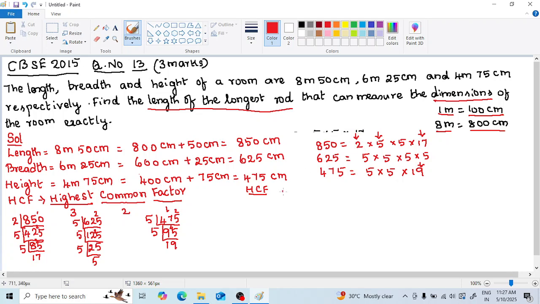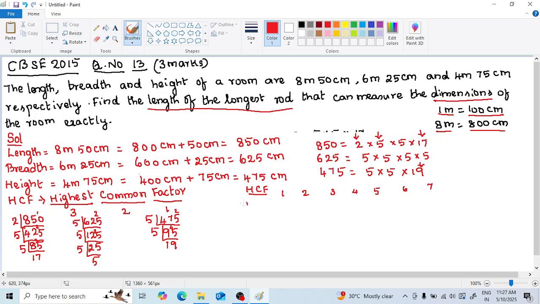Maximum number of times 5 occurs is 4. Maximum number of times 17 occurs is one time. Maximum number of times 19 occurs is one time.